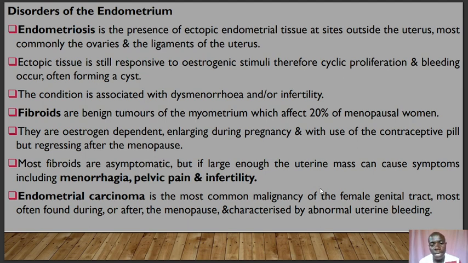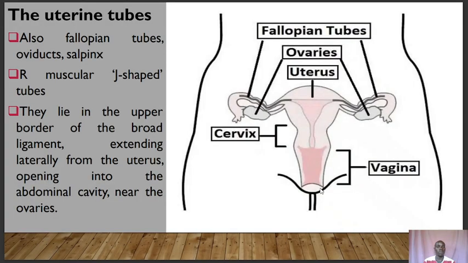But if they are large enough, the uterine mass can cause symptoms which could include menorrhagia, pelvic pain, and infertility. Lastly, we have endometrial carcinoma, which is the most common malignancy of the female genital tract. This is most often found during or after the menopause and is characterized by abnormal uterine bleeding.